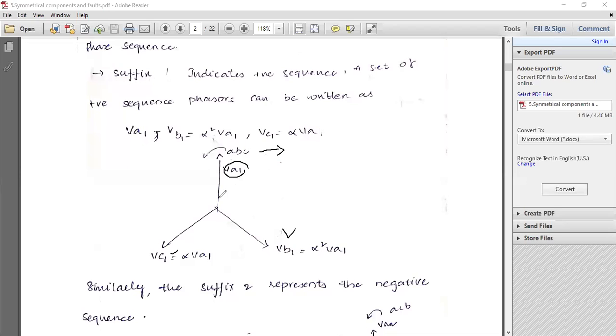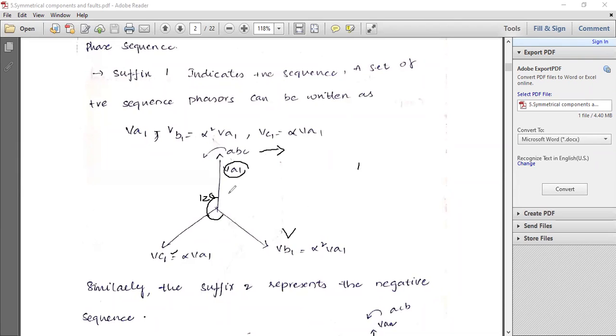Okay. Now please go through this. This is at an angle 120. If we are considering VA1 as a reference, then VB1 is at 120 and 120, so obviously you will get alpha square, 1 at an angle 240.